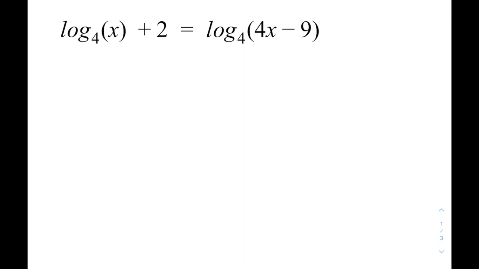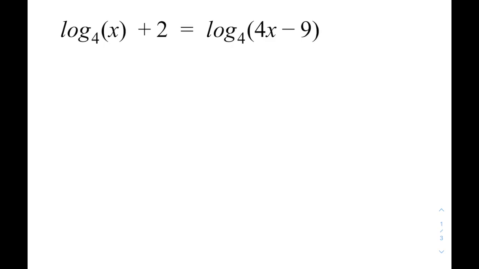We've got log base 4 of x plus 2 equals log base 4 of 4x minus 9. So again, we're in the boat where we've got logs involved, so we know that we're going to use strategy 1 or 2, but in this case, we have a 2 on the left-hand side, with a log, and then a log on the right-hand side. So neither of our strategies can be used right out the gate yet.